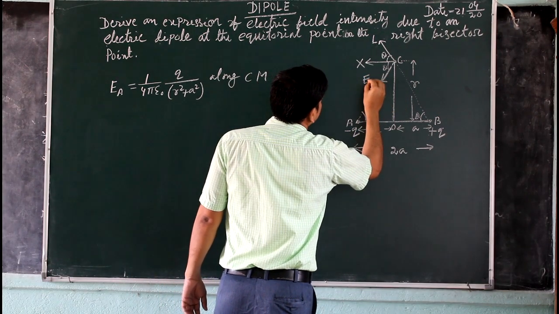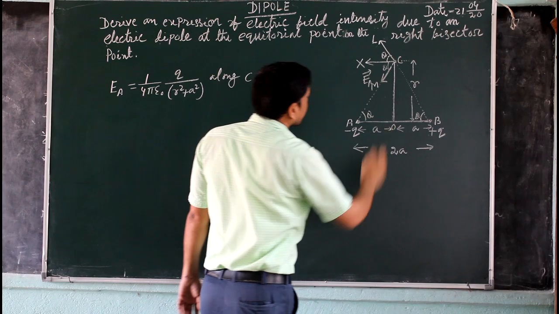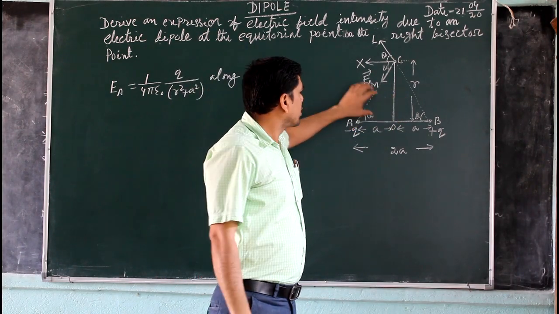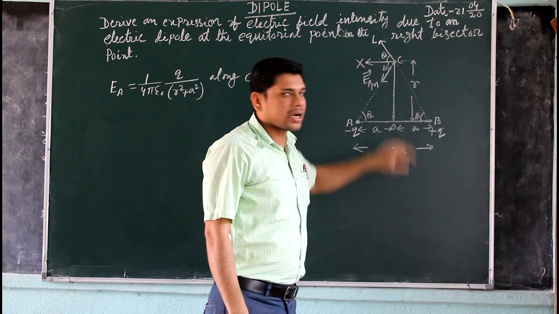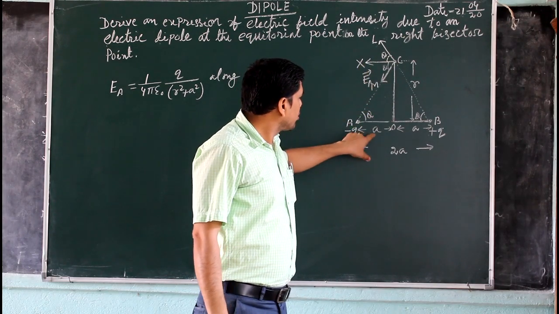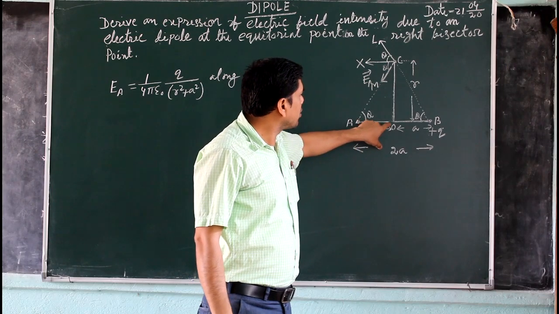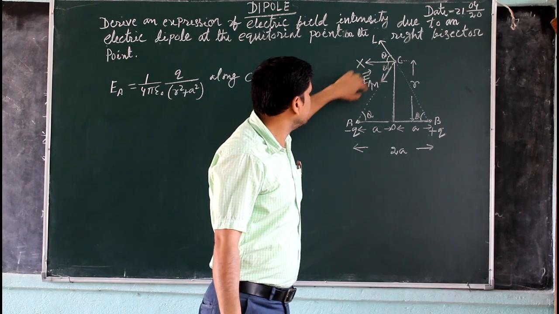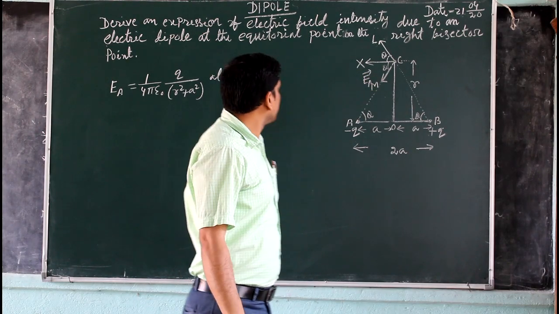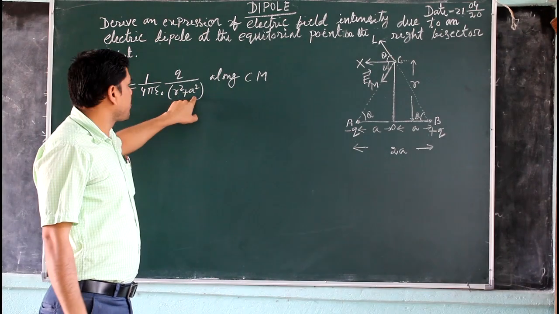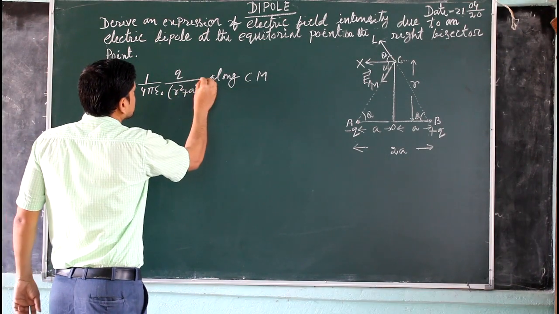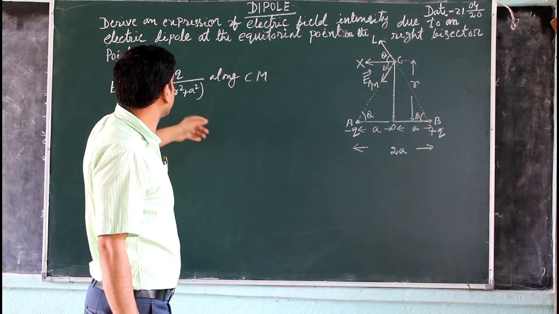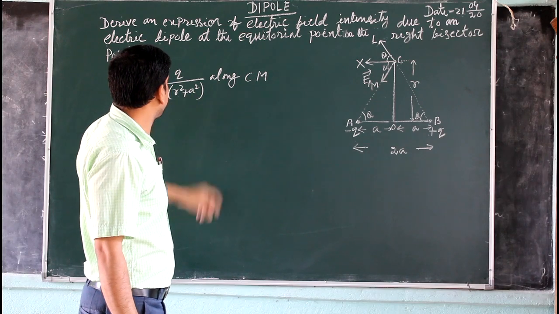Here the distance between O and C we have considered smaller. Now AOC is a right angle triangle. The value of AO is a and OC is r. So by using the Pythagoras theorem we can find the value of AC. Here AC is equal to root under r square plus a square.